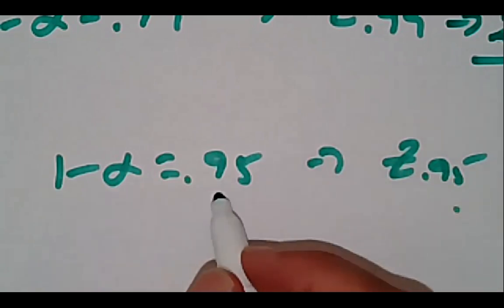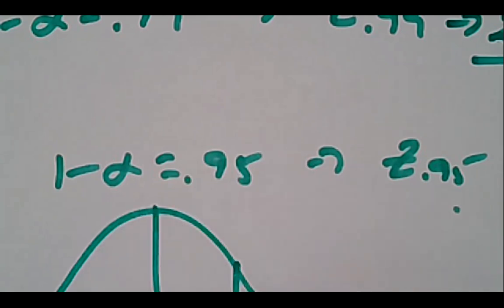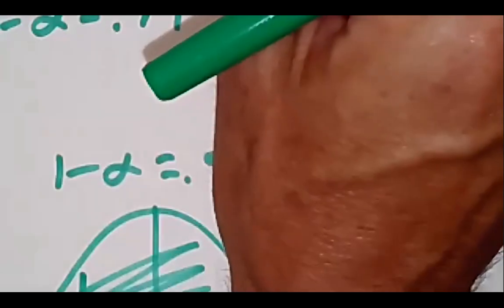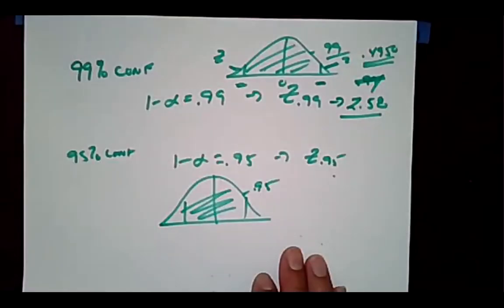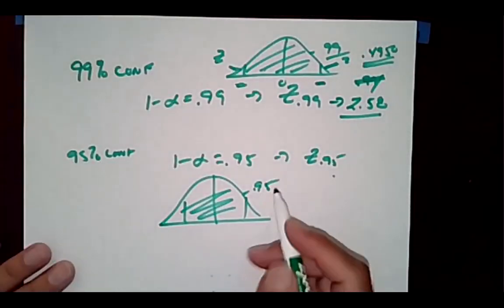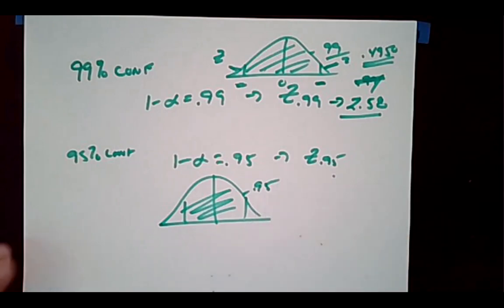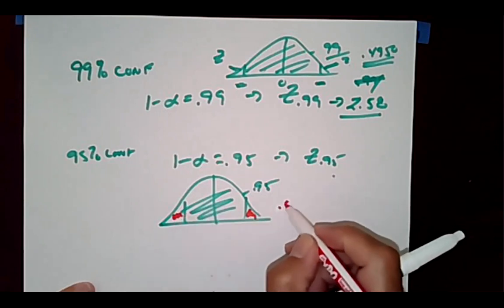This one down here, 95%, it's the middle 95%. So if all of this is 0.95, that means this area here and this area here has to be 0.05.